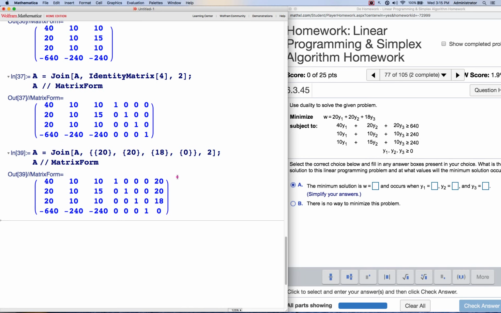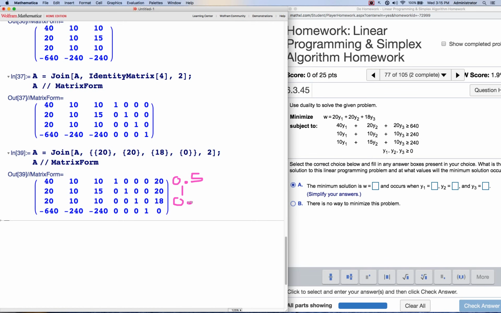20 divided by 40 is 0.5. And 20 divided by 20 is 1. And 18 divided by 20, what's 18 divided by 20? Well, that's the same thing as 9 divided by 10, so that should be 0.9, right?